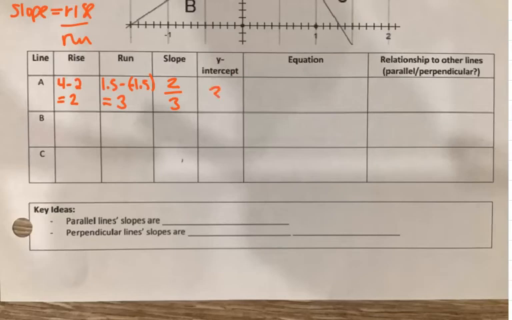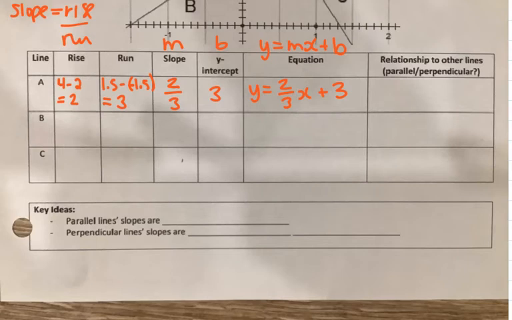So fill in 3 there. Now, what would the equation of this line be? If you'll recall, the equation of a line is y equals mx plus b, where m is the slope and b is the y-intercept. So that means the equation of this line would be y equals 2/3 x plus 3.